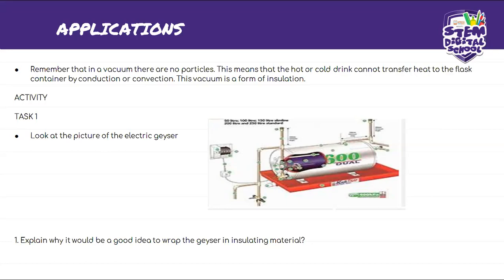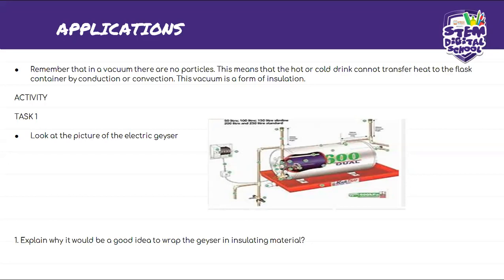So what we are seeing here, the cooler box or the flask, there are some spaces inside. In these spaces there is a vacuum, which at the end of the day will not transfer the heat either by convection or conduction. And you remember, conduction is when the objects are in touch or in contact, and convection is through liquid. So if there is no medium between, then heat cannot be transferred.